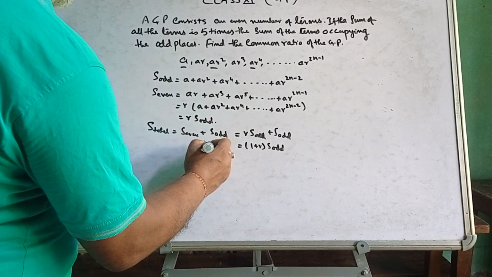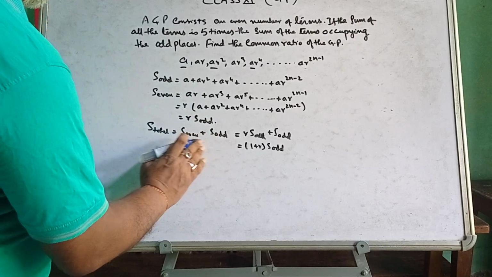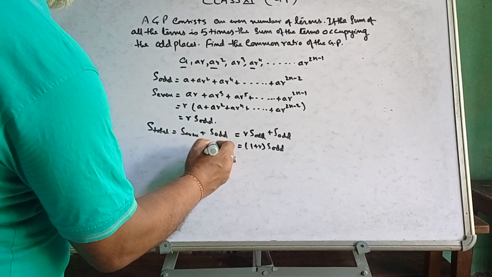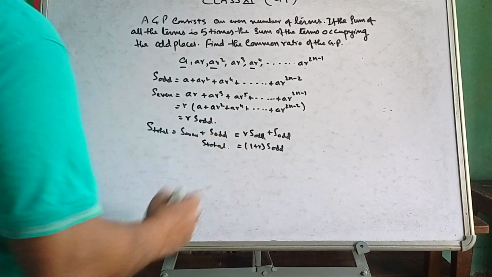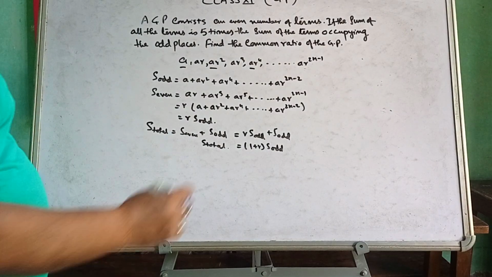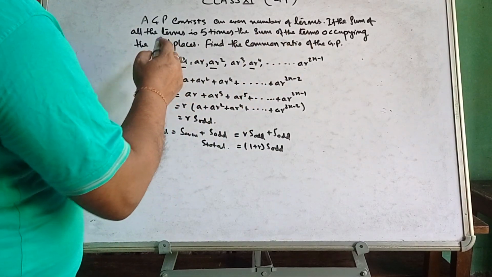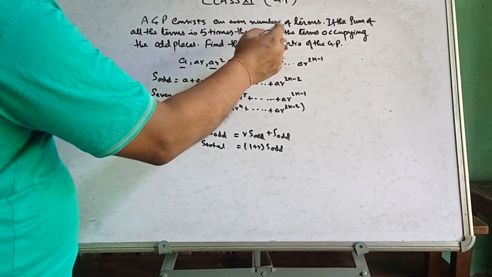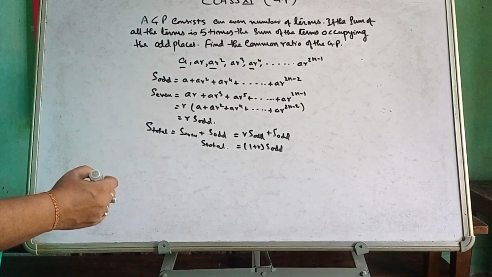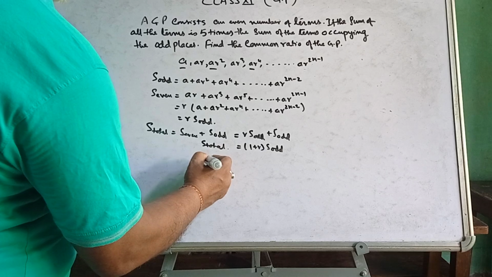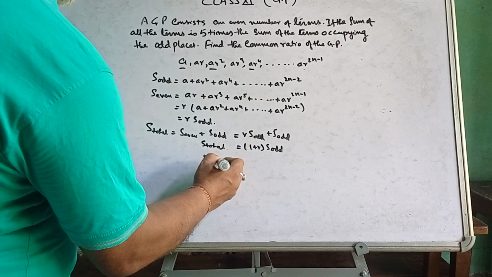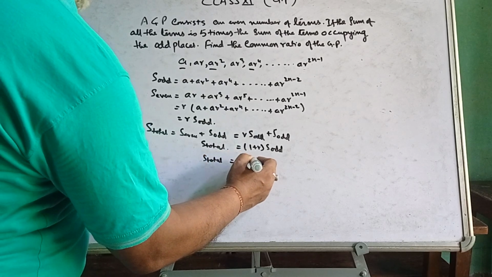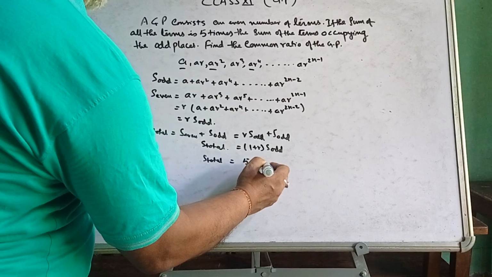This is S total. And here it is given to you that the sum of all the terms is 5 times the sum of the terms occupying the odd places. It is given to you S total is equal to 5 times S odd.